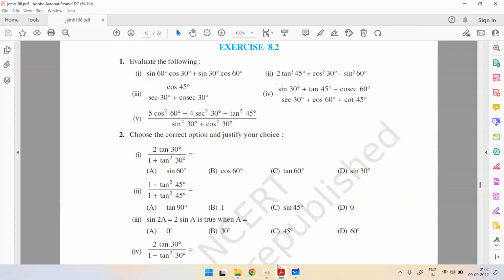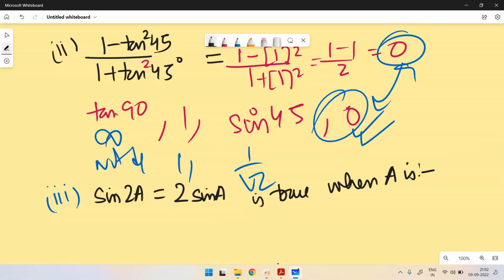And there are 4 options given: 0, 30, 45, 60 degrees.